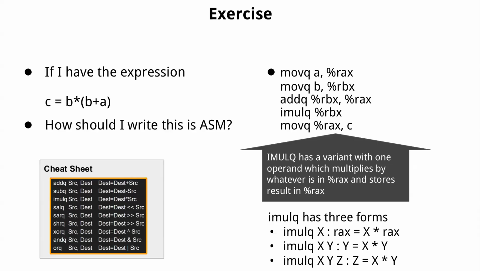Now after that, the value will still go back to RAX. So we will move the value eventually from RAX to the variable C. And those variables could be at different memory locations, memory addresses. So this is how you implement it. So one statement eventually becomes 5, 6 instructions.